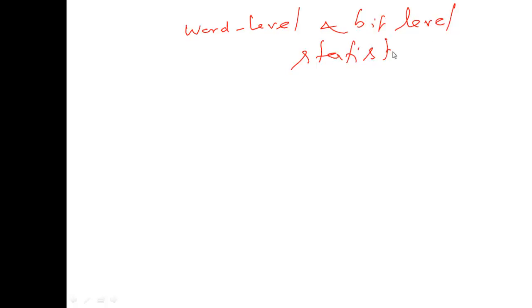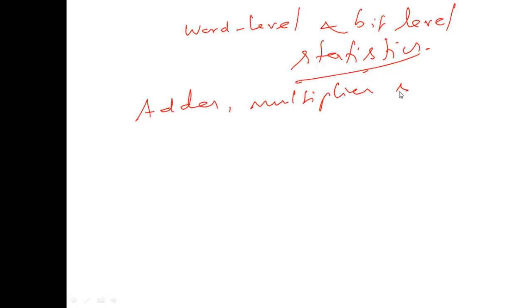If I go for considering word level and bit level statistics, this is to give you idea about how this information is going to be helping us for word level data streams, what we would be processing in any architecture. For example, adder, any particular multipliers, memories, wherever I go for having words of data entering, and the bits are going to be changing, and how do we go for taking them.